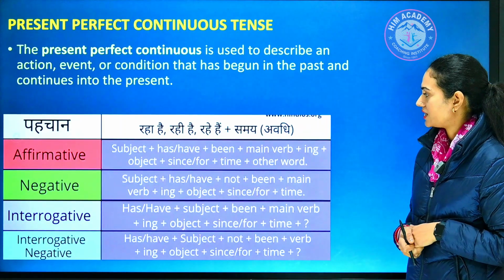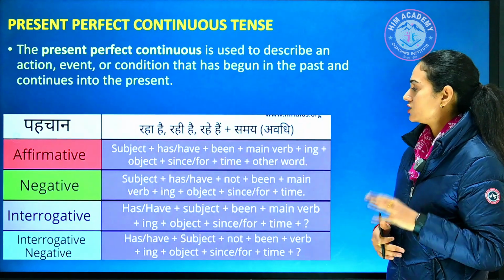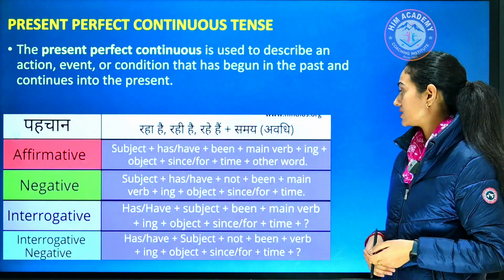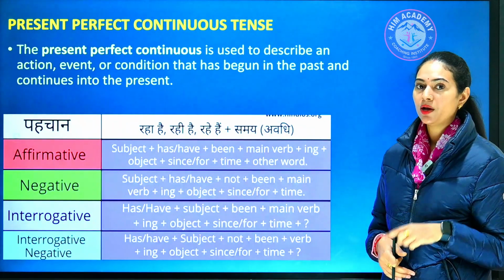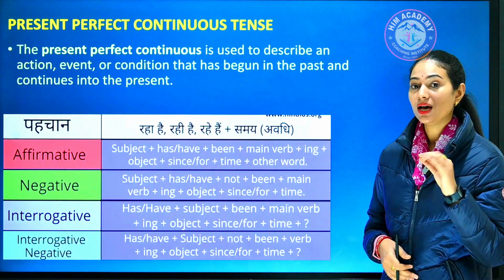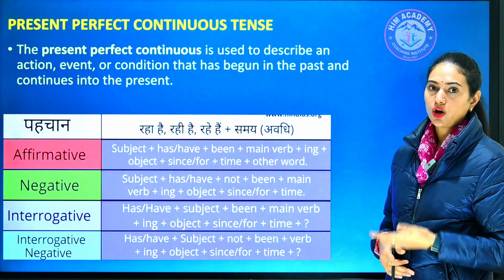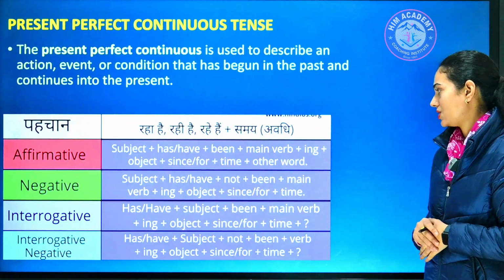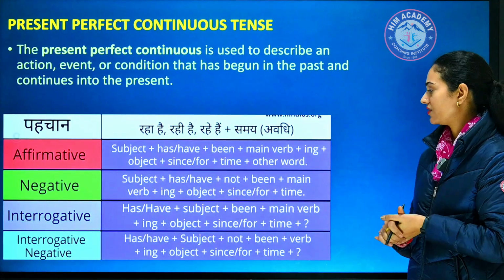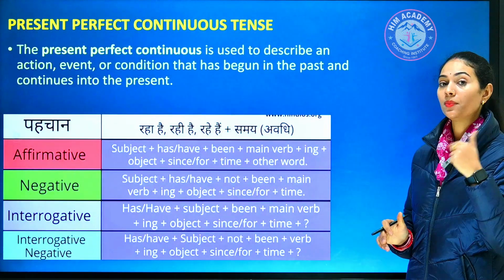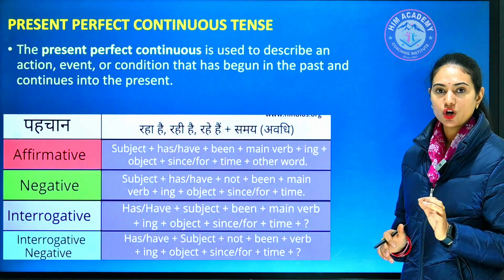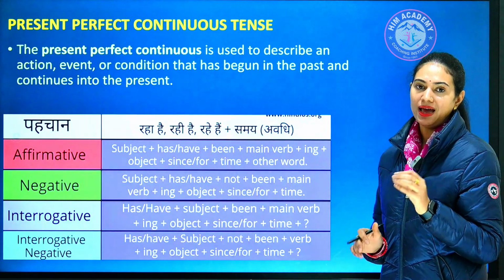In affirmative sentences we have this structure: subject plus has/have plus been plus main verb first form plus ing plus since or for plus other words in the sentence. For negative we always use subject plus has/have plus not plus been plus first form of verb with ing plus since or for, then time and other words.